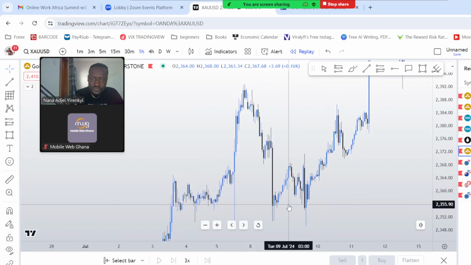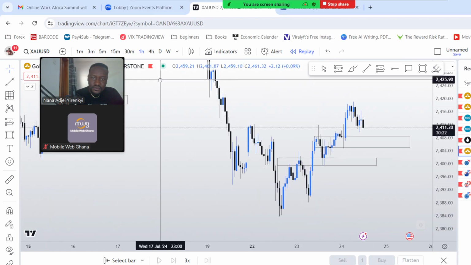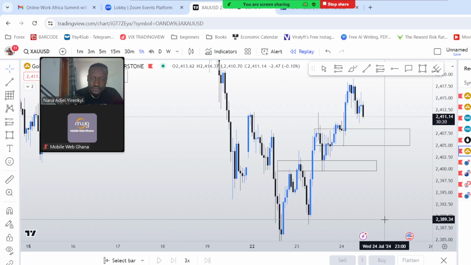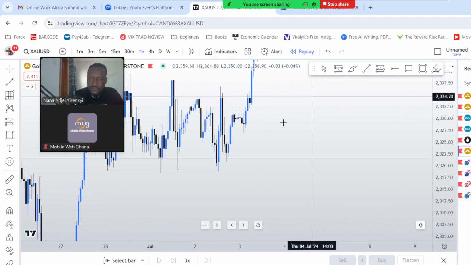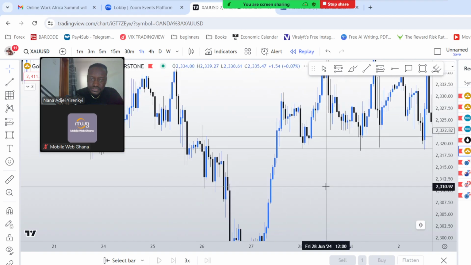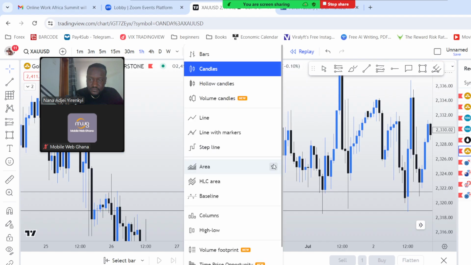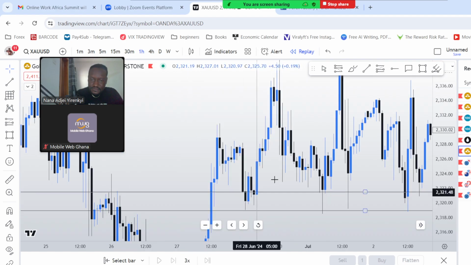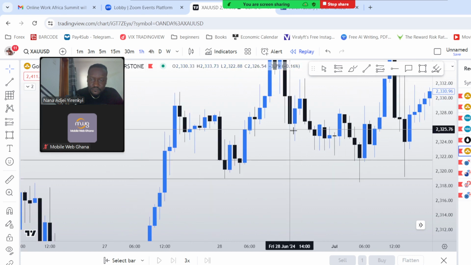Let me see if I can find a bullish engulfing candle on the chart. I think this is one typical example. You can see I marked out a support area over here, and this one was made up of two main candlesticks.